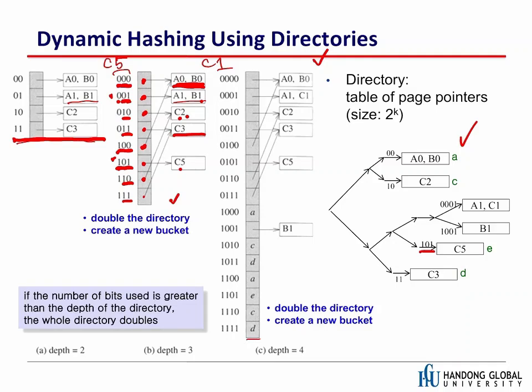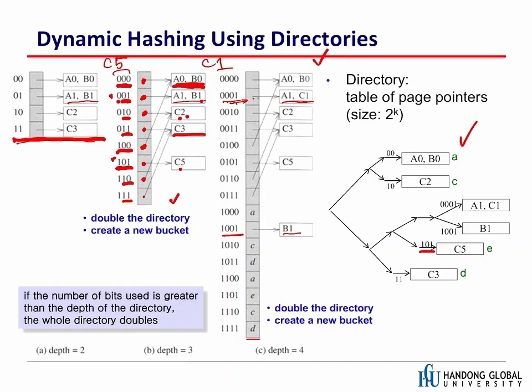Then A1, C1 ends with 0, 0, 0, 1, and the B1 ends with 1, 0, 0, 1. So when the binary representation ends with 0, 0, 0, 1, then it is distributed to this directory, and that directory points to this bucket.